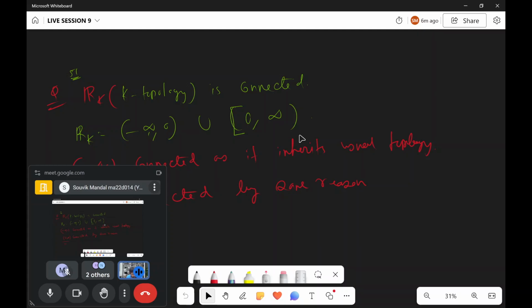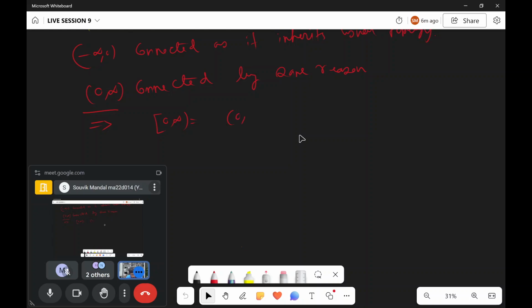So this tells that [0, infinity), which is nothing but the closure of (0, infinity), is connected. And (minus infinity, 0] intersection [0, infinity) is the singleton 0.